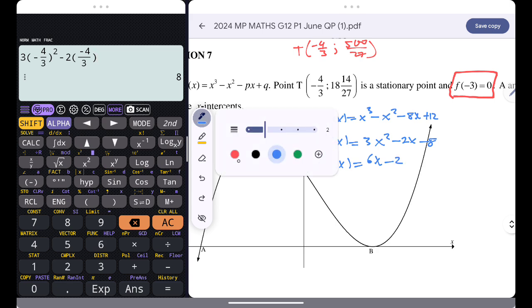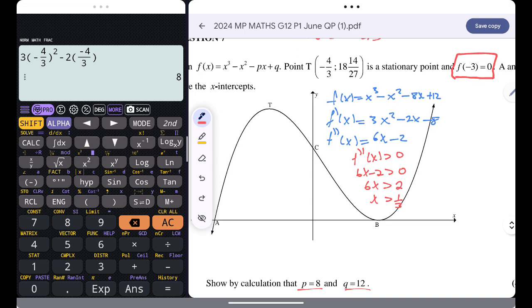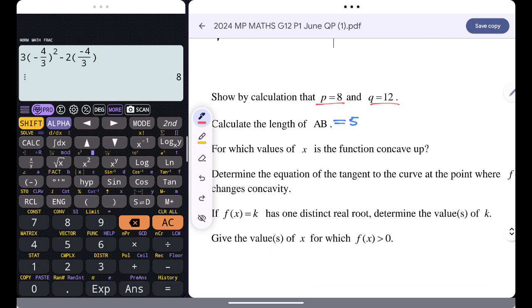And my graph will be concave up if and only if the second derivative is greater than 0. So 6x minus 2 is greater than 0, then 6x is greater than 2, x is greater than 1 over 3. So my function of x will be concave up when x is greater than 1 over 3.